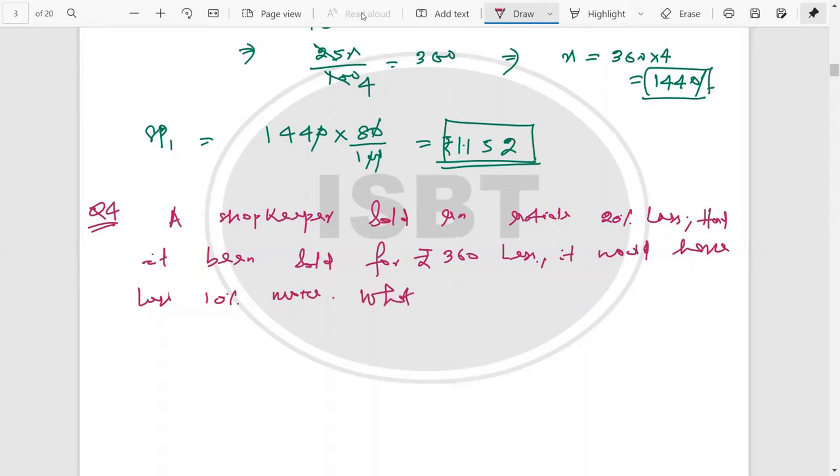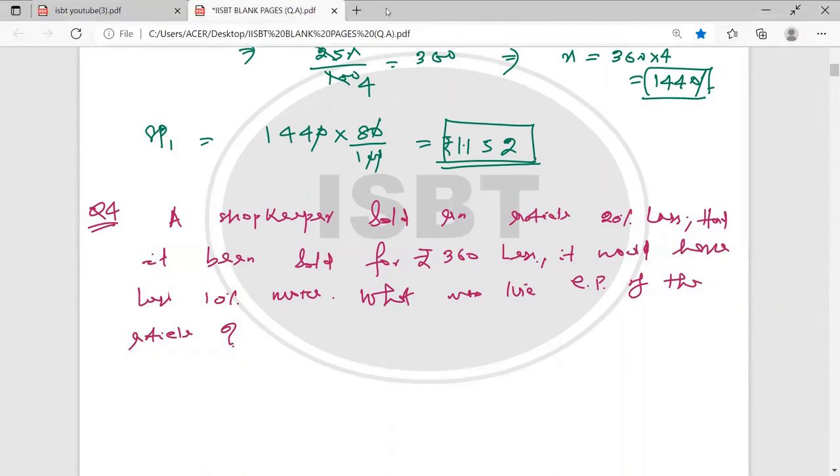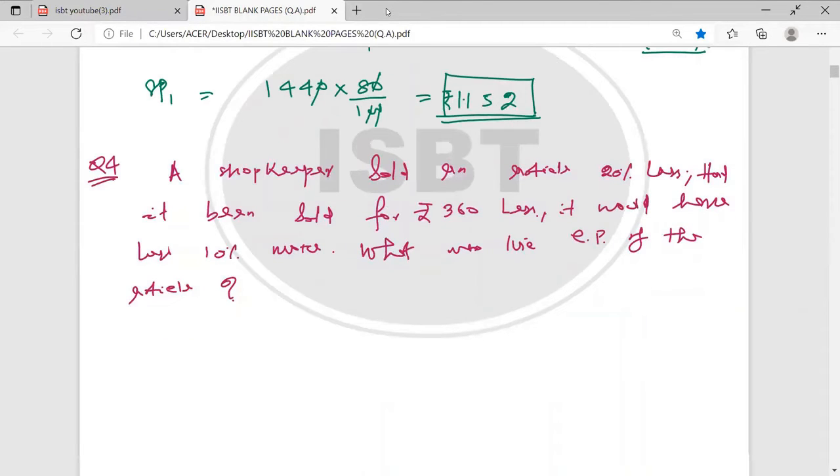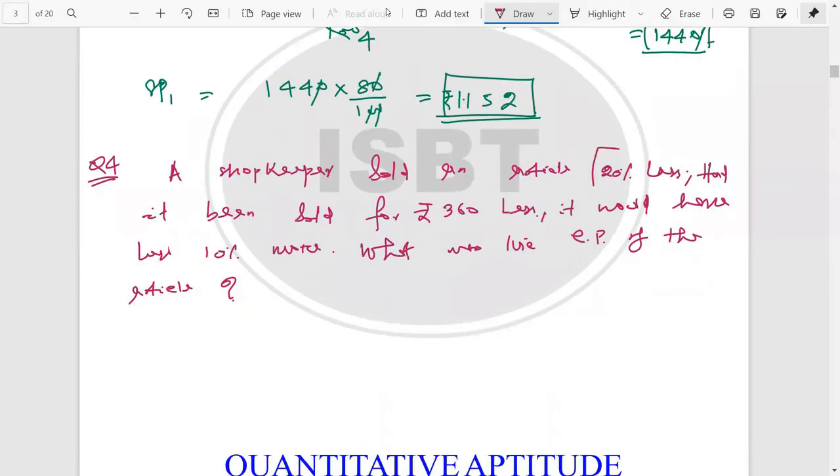The question is, what was the cost price of the article? Same question, but in a different sense. The shopkeeper sold an article at a 20% loss. Had it been sold for 360 rupees less, it would have lost 10% more. Again, 10% more loss. So what was the cost price of the article?